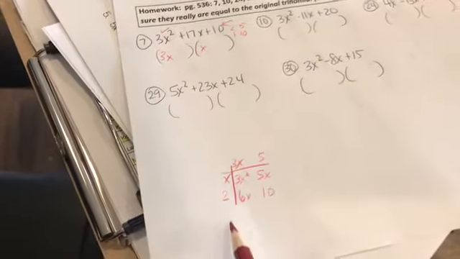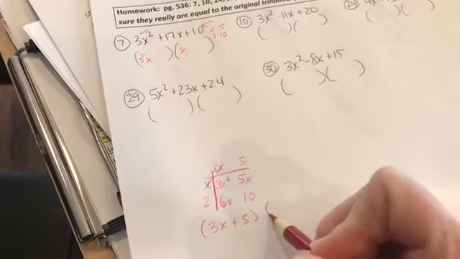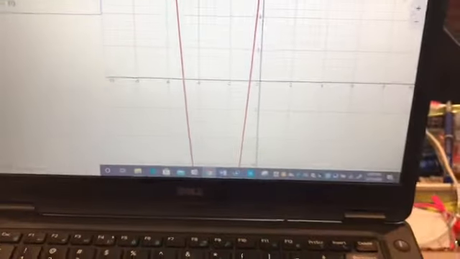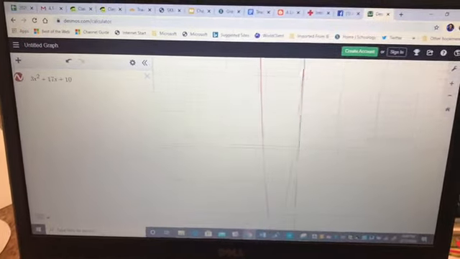I'm going to show you how we know this is wrong using Desmos. So if I thought the answer was 3x plus 5 and x plus 2, I'm going to show what happens on Desmos. So first you type in the regular problem, and it's a parabola. I know you can't see it all, so if I hit the minus sign, a parabola we're going to learn all about next chapter.